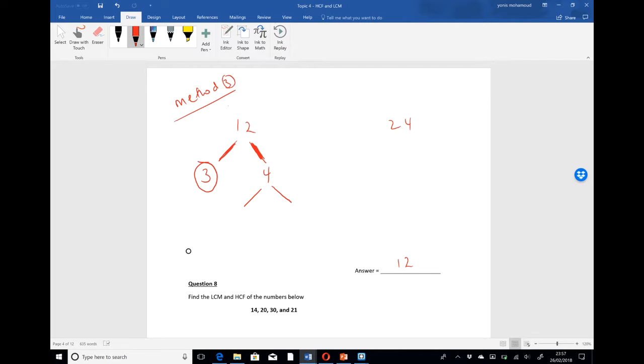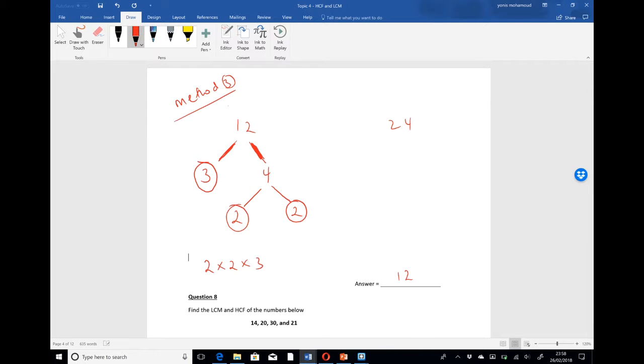What two numbers multiplied together give me 4? 2 and 2. Is 2 a prime number? Yes. So circle 2 and 2. And then just below it, I'm going to write 2 times 2 times 3.